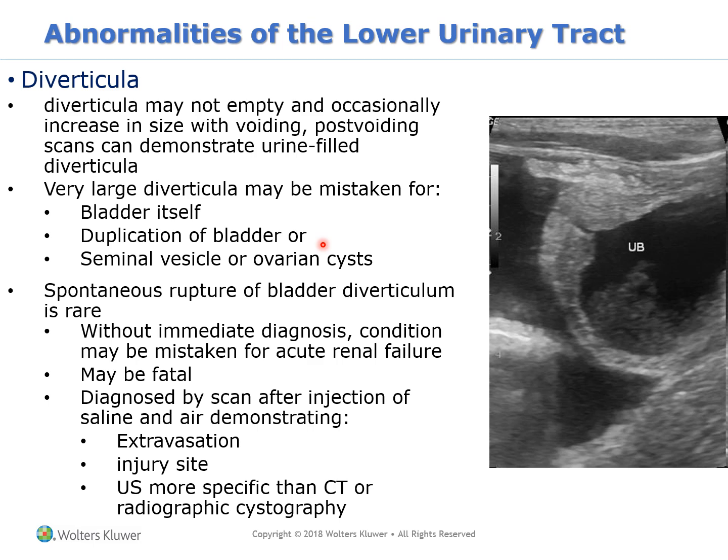We already talked about how spontaneous rupture of the diverticulum is possible, but rare. Without immediate diagnosis of this, it can look like acute renal failure and can be fatal. So you really have to watch that bladder wall and make sure that it is continuous.